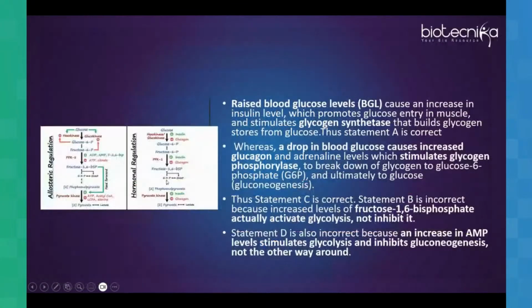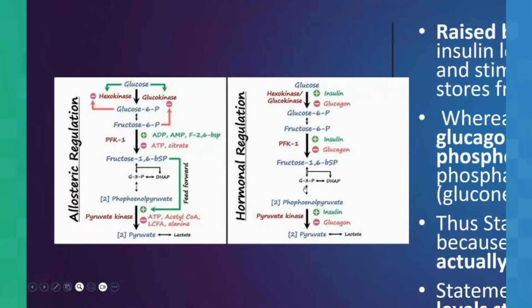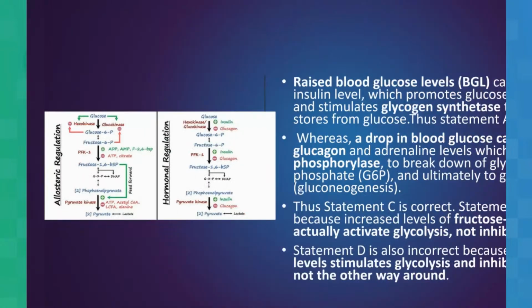Regarding gluconeogenesis, it is just the opposite of glycolysis, so it will be the other way around. For example, glucagon would activate gluconeogenesis, because if glucose is less, you want glucose to be made. Gluconeogenesis is making new molecules of glucose.